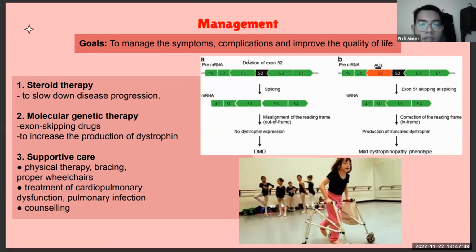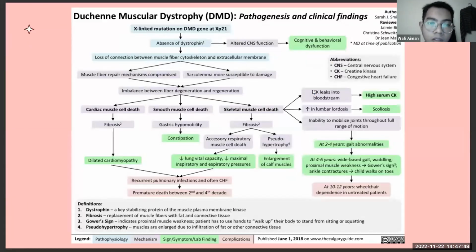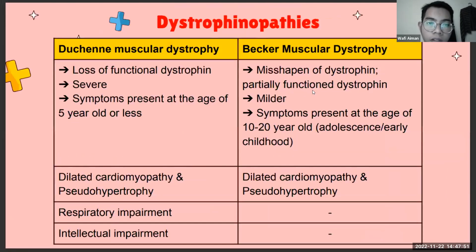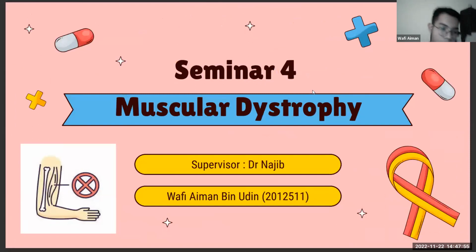And also we can give counseling for the patient. So I think that is all regarding muscular dystrophy. If you guys have any questions regarding muscular dystrophy, you can ask. We proceed to the next presenter.